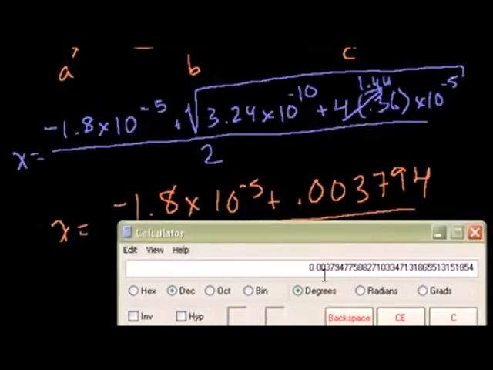So to that I'm going to subtract this point right here. I have this value, I'm just subtracting this. Minus 1.8 E negative 5 is equal to that. So this is the whole numerator, and now I need to just divide it by 2.